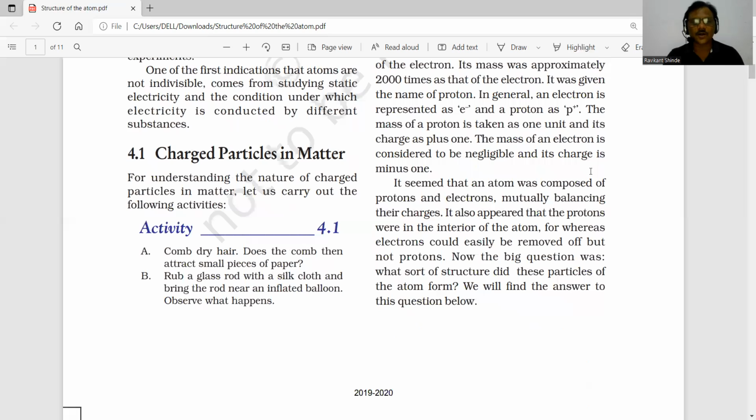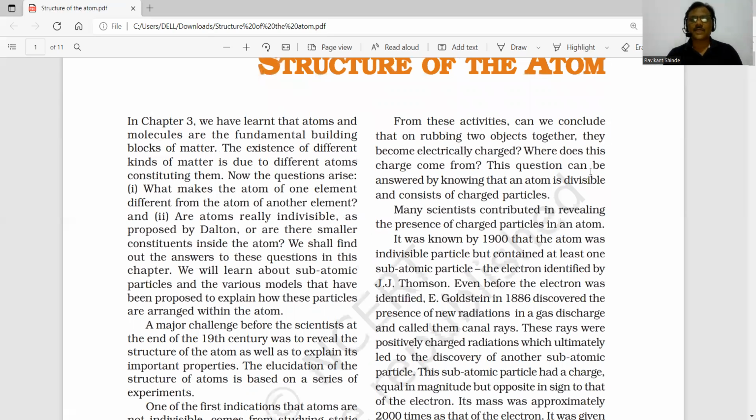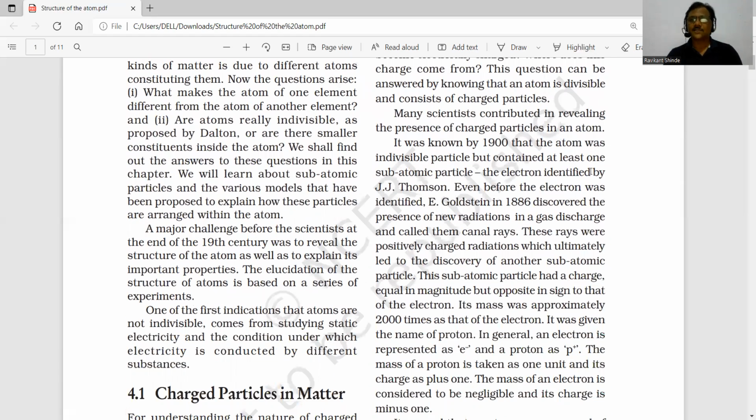That means he got the idea that lightning in the sky has some electrical properties, that means charges. He came to know that in the 19th century. In the 19th century, other scientists too tried to find out the electron, and they discovered the electron.